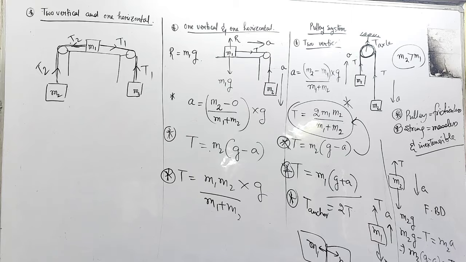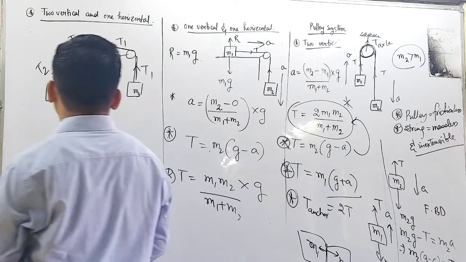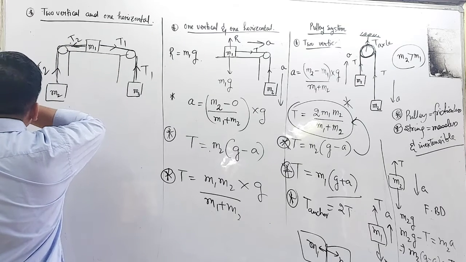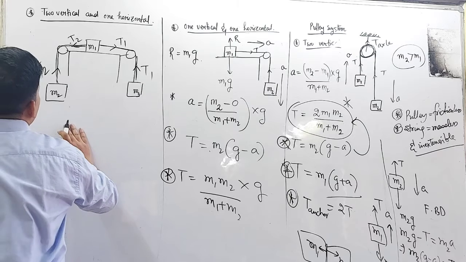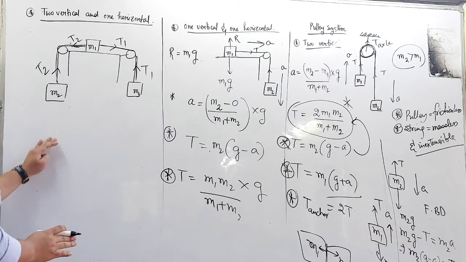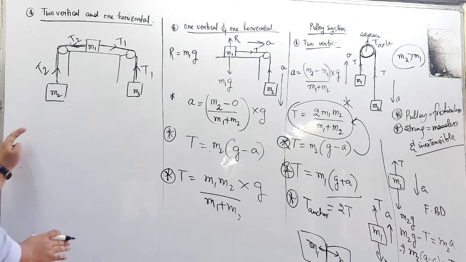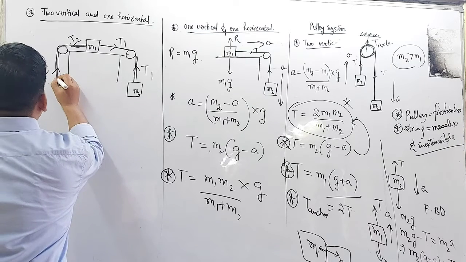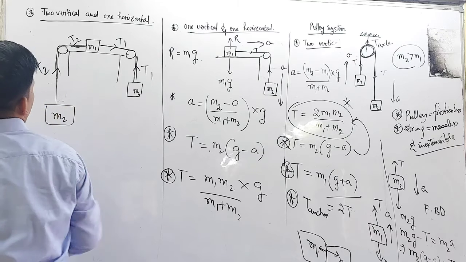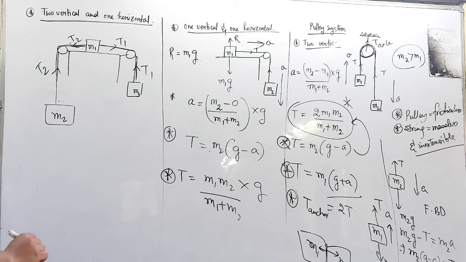Now we will extend this same concept over here. What will be the common acceleration according to the diagram? This is M2, the heavy one.